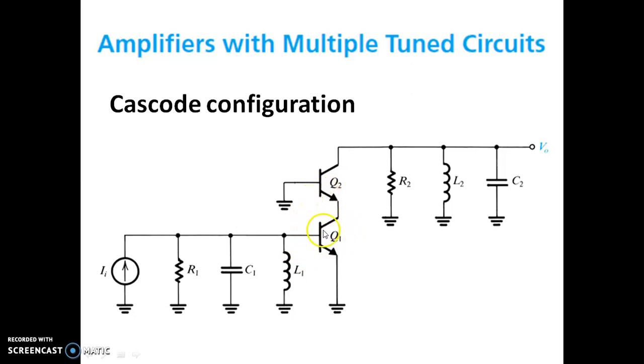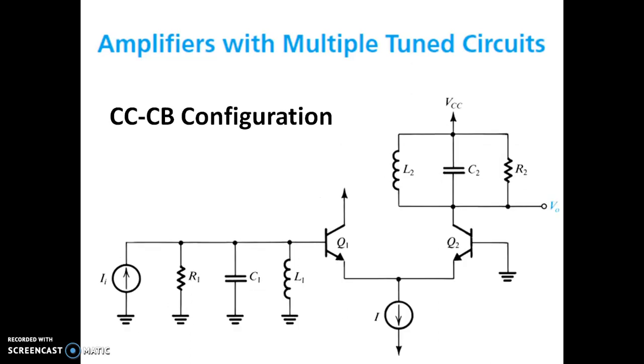This also has two tuned circuits, one at the input and one at the output, but the major difference from the previous circuit is that we don't have a coupling from the output point directly to the input point. So this avoids the amplifier breaking into oscillations. This is the biggest advantage.